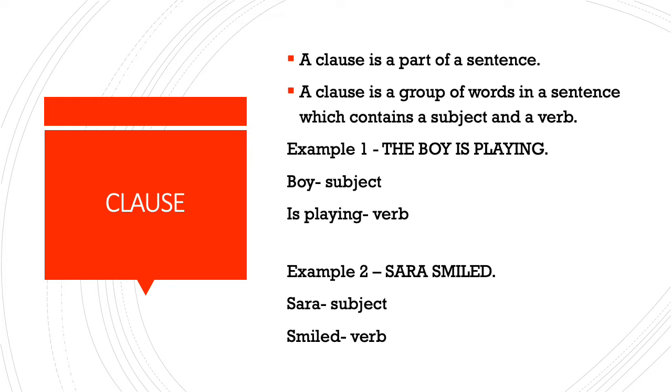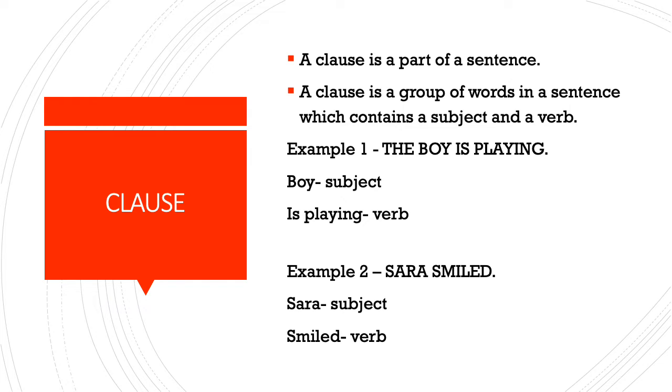So a clause is again like a sentence, a group of words which contains a subject, which is the hero of the sentence, and a verb, that is the action verb. What the subject is doing is the verb. So a clause contains a subject and a verb. In example 1 you can see, the boy is playing.